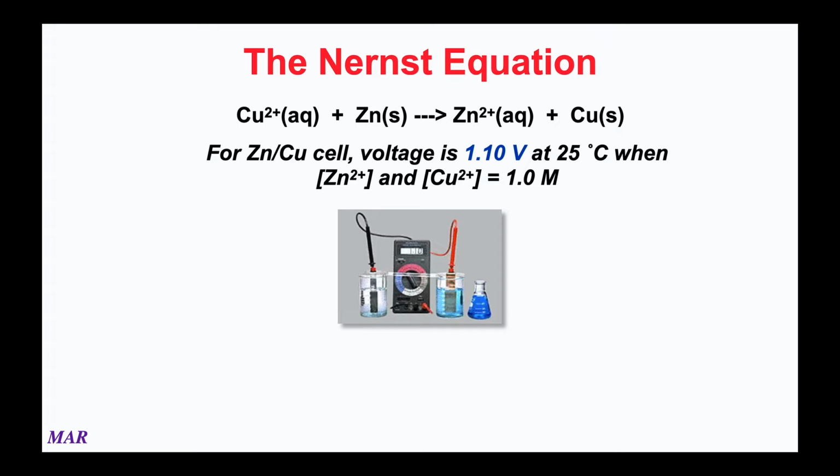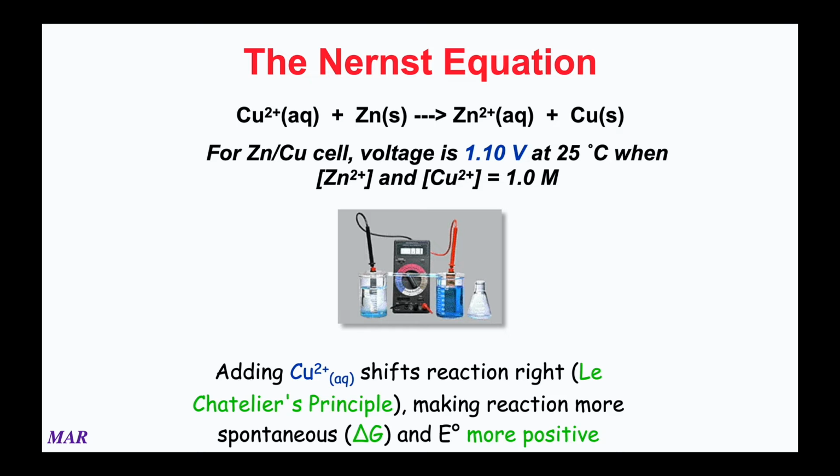A zinc-copper cell shows a potential equal to the standard potential of 1.10 volts when both zinc and copper are in solution at the same concentration. If more copper ion is added to the cathode compartment solution, however, the cell potential increases. So this is an example of where the Nernst equation can be helpful. Copper 2 plus and zinc make zinc 2 plus and copper metal, which we've seen a lot of times.